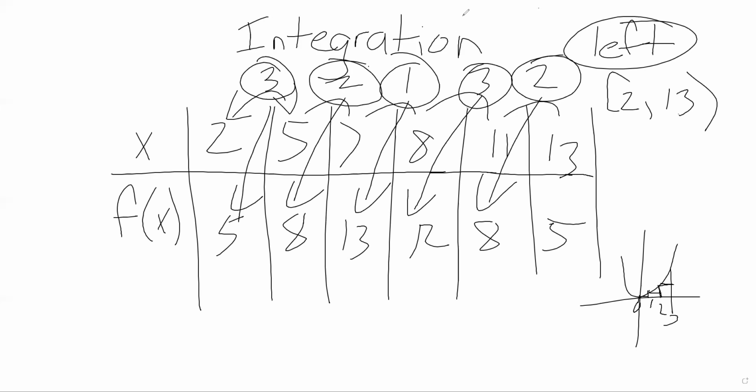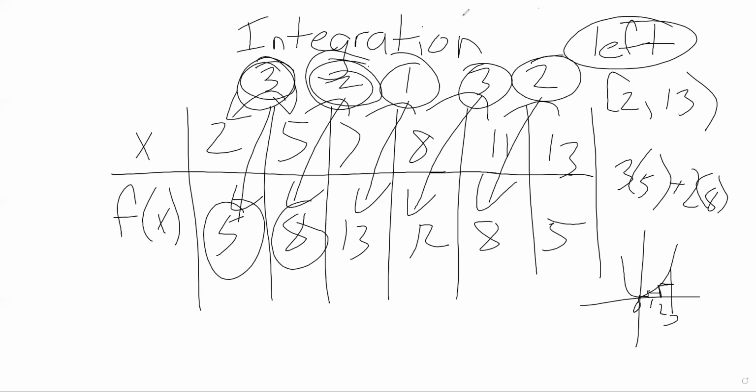So when you're writing it in and doing your boxes, you do 3 times 5, right? Because the 3 and the 5 match up. Then plus 2 times 8, and so on. You do 1 times 13 plus 3 times 12 plus 2 times 8.